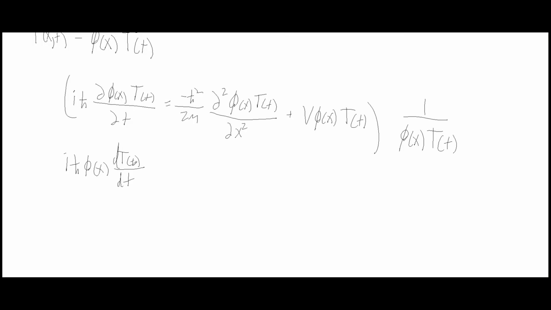This is not a function of x, so it can become a full differential. That will be equal to minus h bar squared, and we now have our t pulled out on this side, over 2m, because now we are just looking at the function of x here.